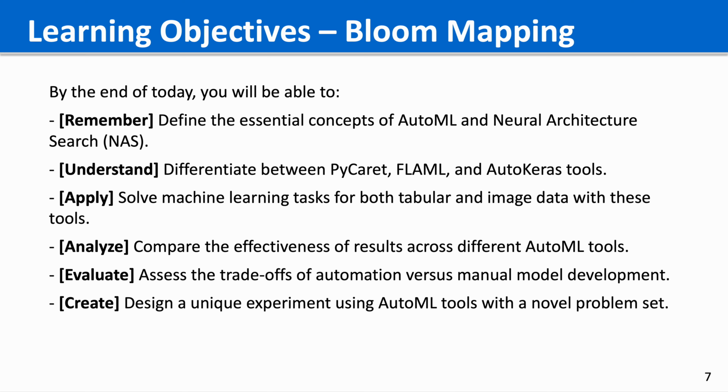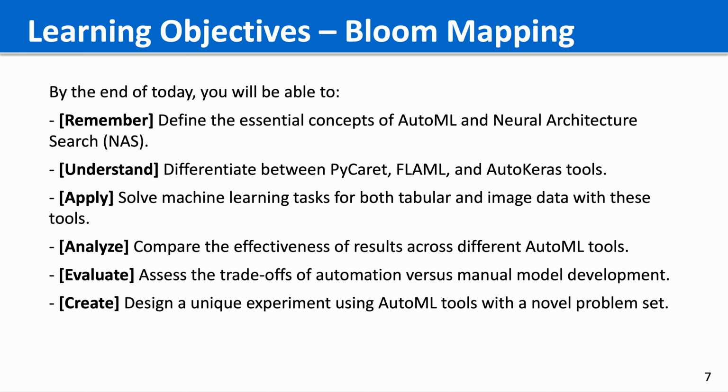Bloom's taxonomy provides a great framework for setting goals, and we'll use it to guide our learning journey today. You'll begin by learning and understanding key concepts like AutoML and NAS. As we progress, you'll get hands-on by solving applied problems with AutoML tools, moving on to higher-order thinking like analyzing tool performance and evaluating their trade-offs.